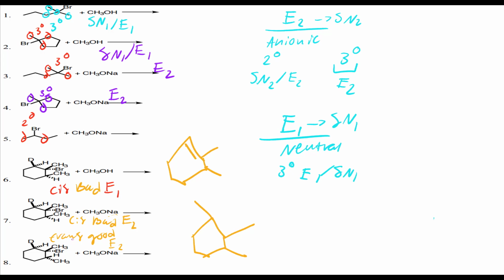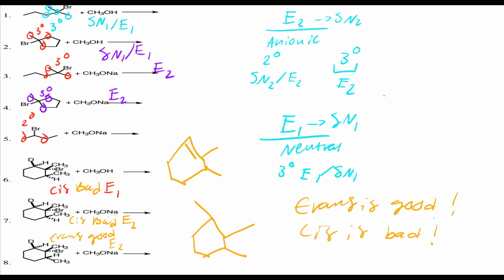And over here, since we're trans, that's good, and so you could go up or down. You could do this one, or you could do that one, right? So to really set this in stone, trans is good, and cis is bad. Okay? So that's kind of like the reaction that you should be expecting, right?